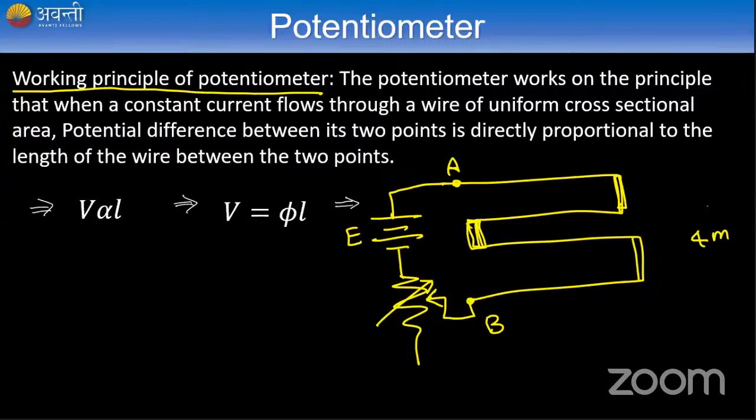So in potentiometer, we'll be considering a 4 meter wire, connected with a conducting strip. What's the working principle of potentiometer?